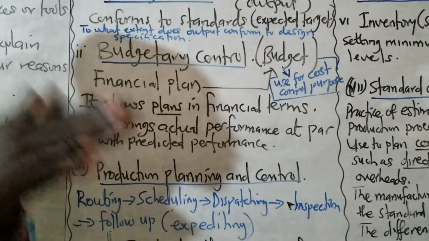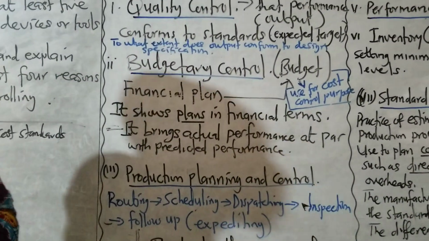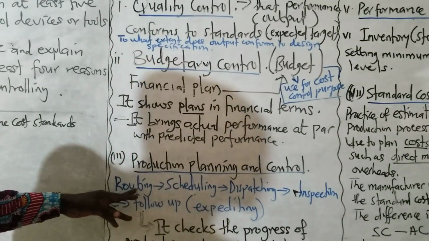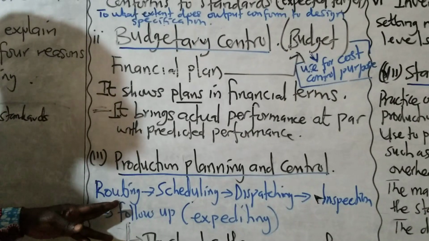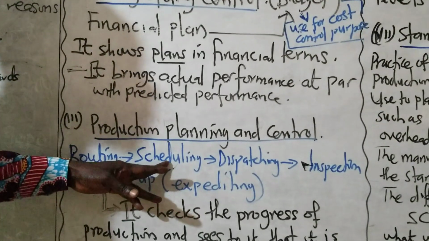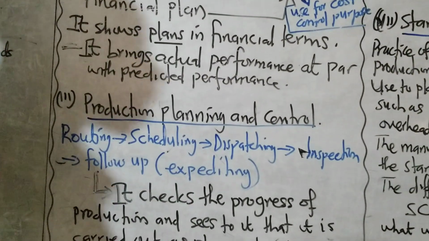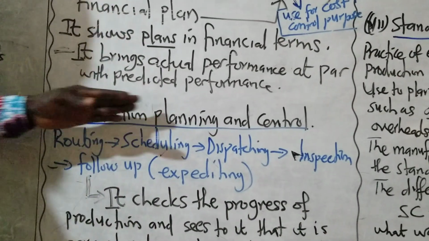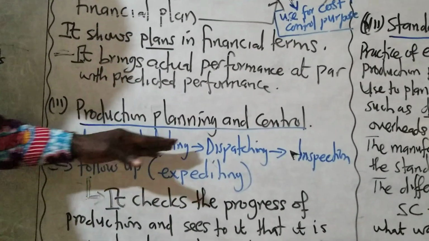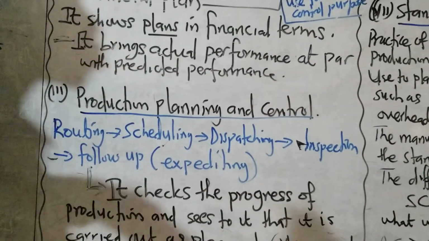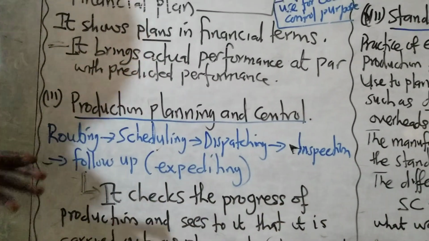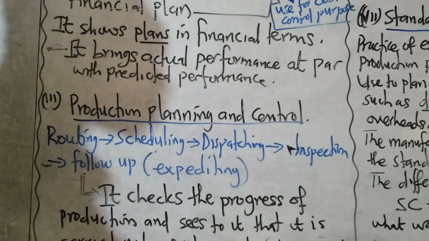Then the second part is the controlling. At the planning stage, there's what you call routing, and then scheduling. So the two together are at the planning stage. So when you say production planning and control, it involves 5 stages. We shall do this one in detail in your Book 3 when you go to production management. So here we are just going to give a summary to that effect.